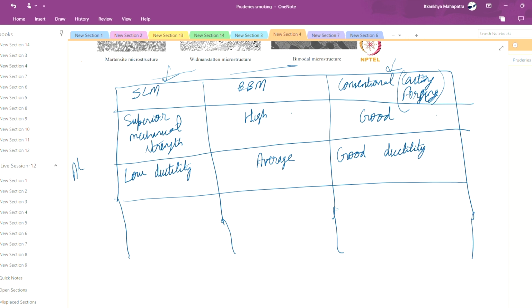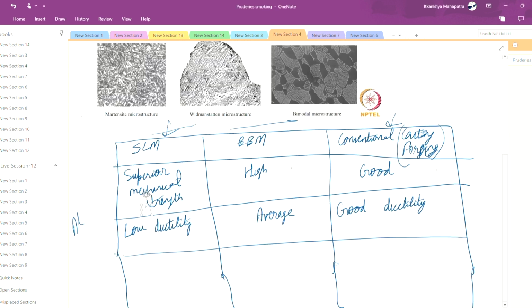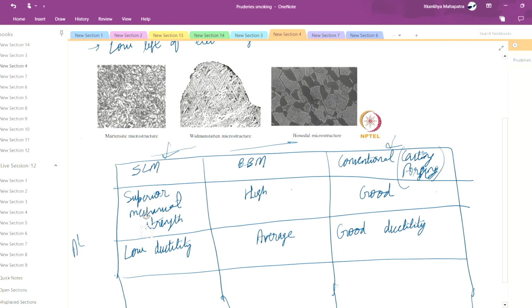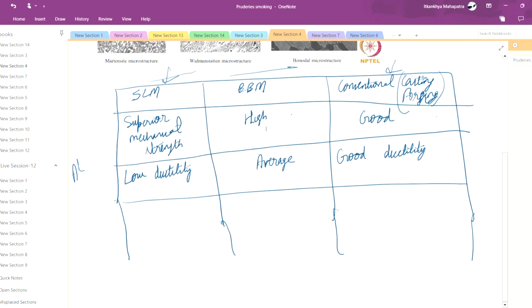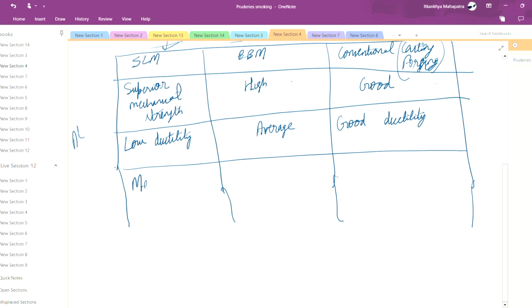Now, talking about the microstructure, here we have three different types of microstructure: martensite, Widmanstätten, and bimodal microstructure. Now in SLM we have martensite. I hope you must have heard this martensite name, but I'll explain.